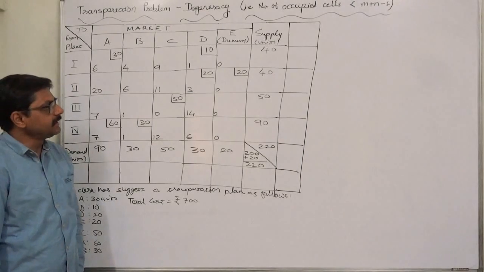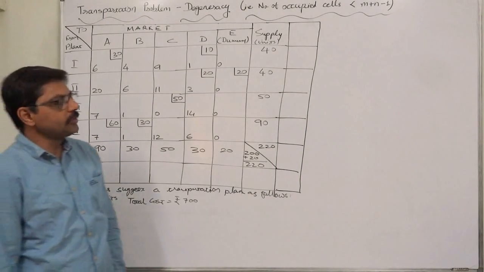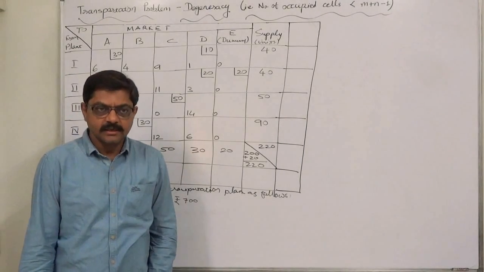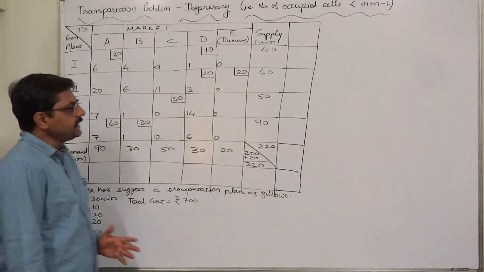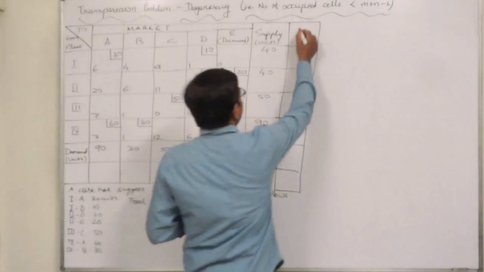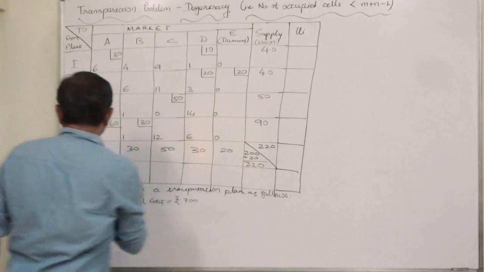And when there is the situation of degeneracy, it is not possible for us to write all the ui and vj values.